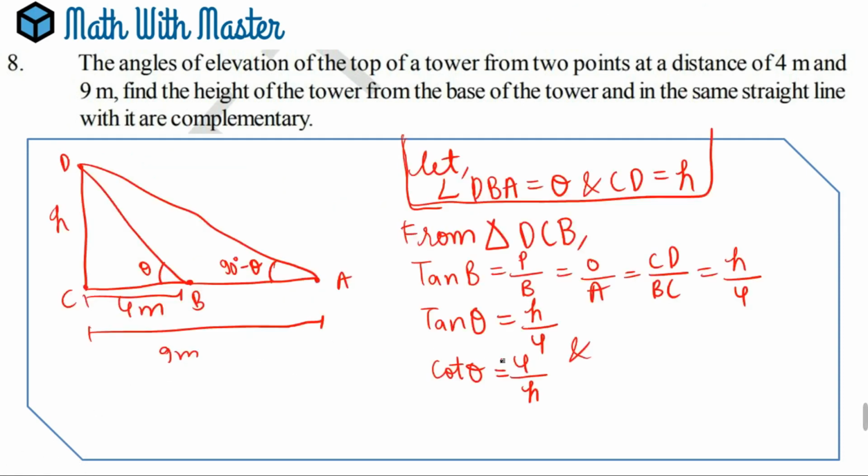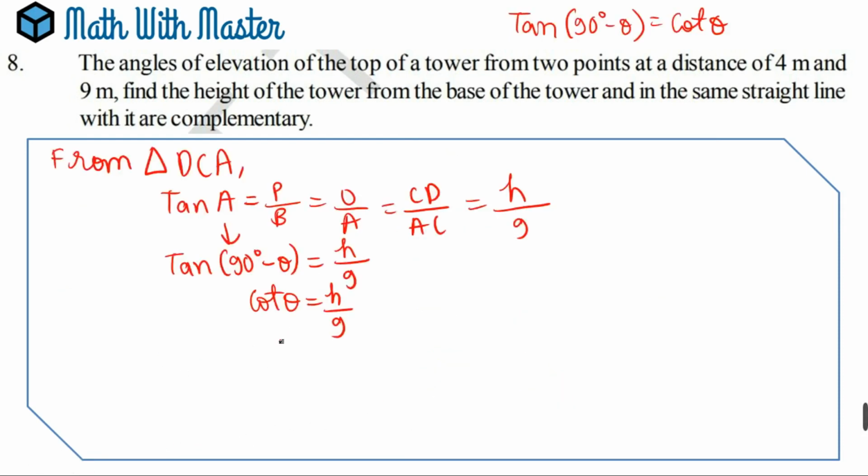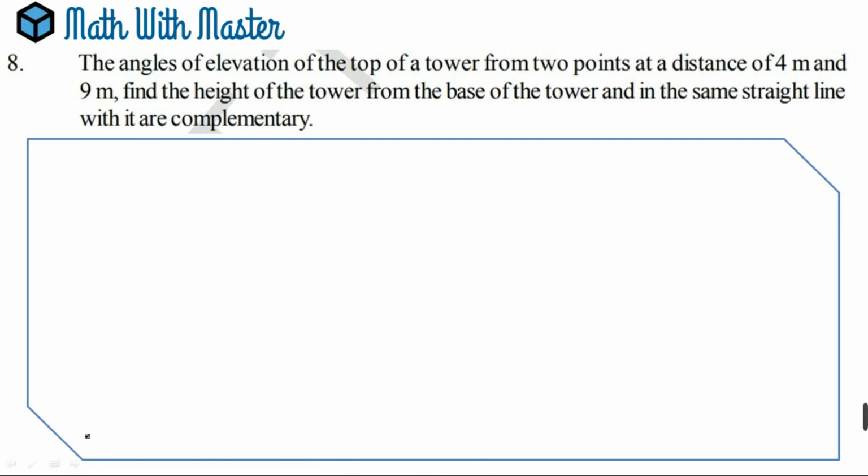And what we found for cot theta over here is 4 by H. So 4 by H is equal to H by 9, then H square is equal to 36 and H is equal to 6. So the height of the tower is 6 meters. So now we will move towards the next question.